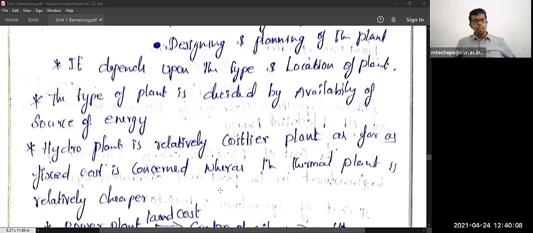And also constructing the hydropower plant: if the dam is located here, your hydropower plant will be located at a lower point, at an angle of like 30 or 45 degrees.